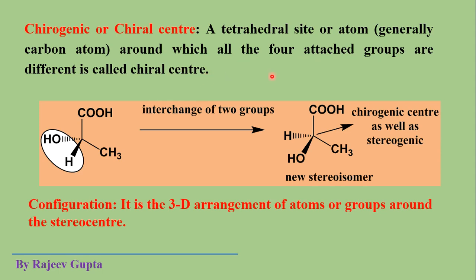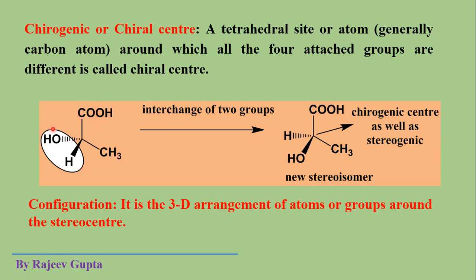A tetrahedral carbon where all the four attached groups, meaning directly attached to this tetrahedral carbon, should be different. As we see in this structure, this is the example of lactic acid, where we can see that this central atom is a carbon atom which is tetrahedral sp3 hybridized, and these all four substituents are different.